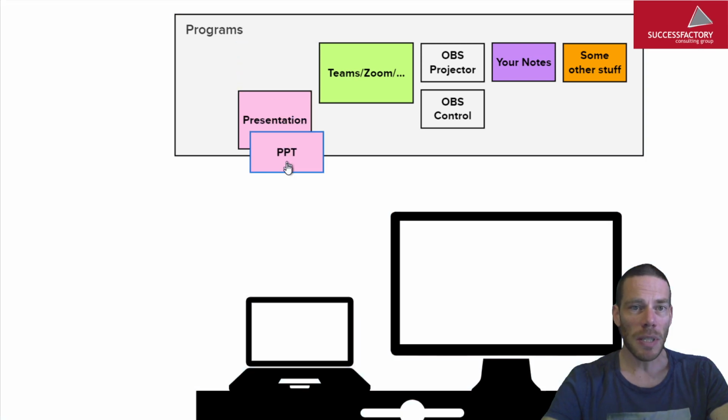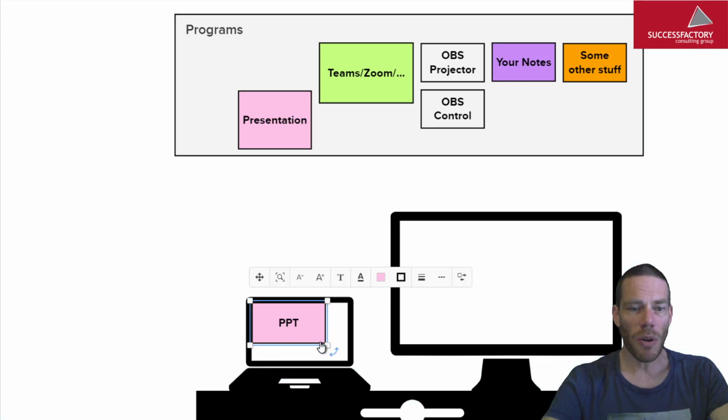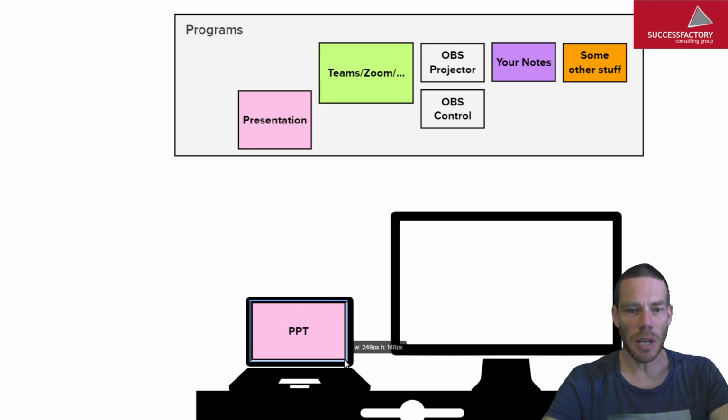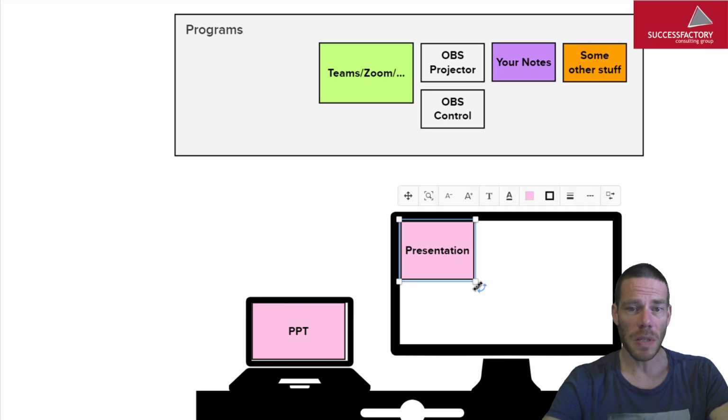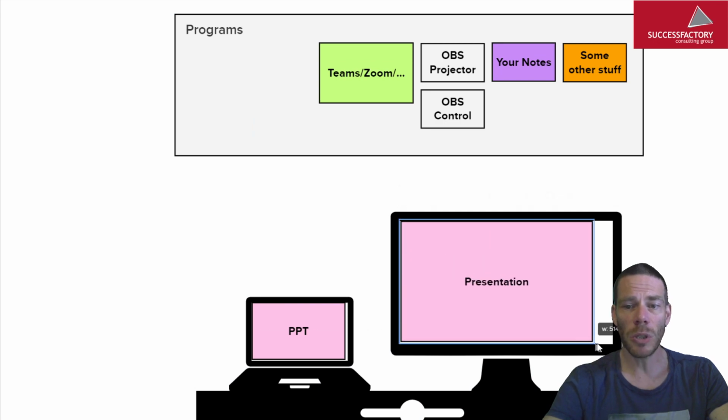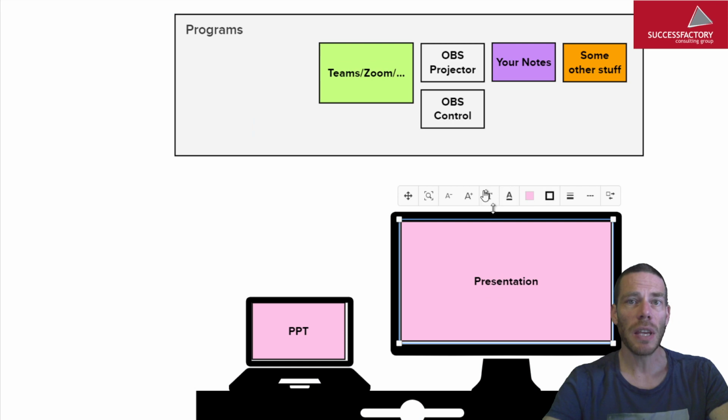What you probably start with is your PowerPoint presentation. It's open in this window, and then you hit the presentation button. What happens is PowerPoint consumes all the space of your external monitor, so you're running short on places to put the other programs.